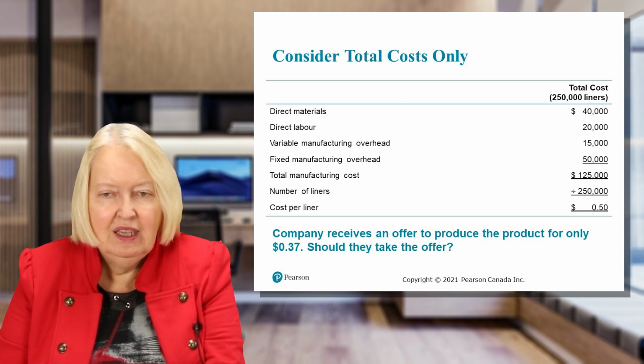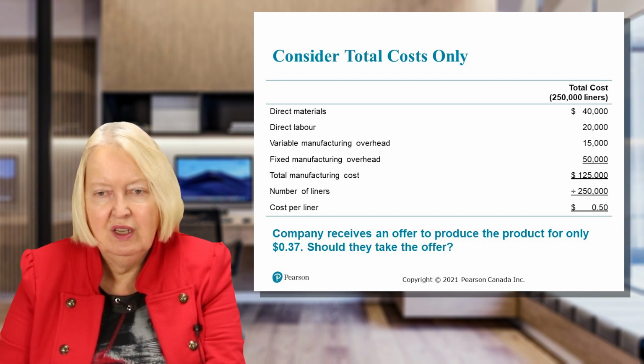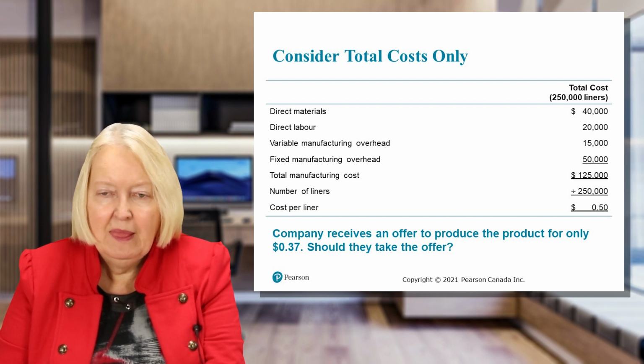When you're looking at a total cost for a product, the total cost includes your materials, labor, variable cost for your overhead, and your fixed manufacturing. So you have total manufacturing costs of $125,000, and you make 250,000 units.